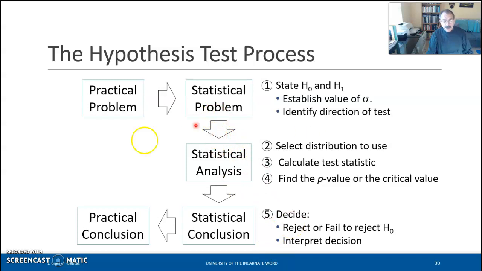And I'm showing you this because this guides the discussion that follows. So first we're going to talk about how we state the hypothesis for each of these tests. Then we talk about what distribution to use, how to calculate the test statistic, and how, using the p-value or the critical value, we make a decision about the null hypothesis.